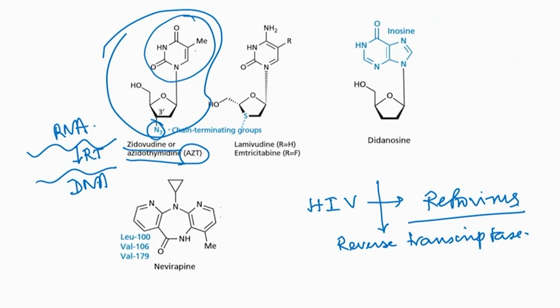But the basic principle is the same, that if it is taken up as a substrate, chain elongation will not take place. Now, the question is, how does the triphosphorylation work? Like in the earlier acyclovir, it is the viral infected cells that do the monophosphorylation, and then the diphosphate and the triphosphate are formed by the host kinase.